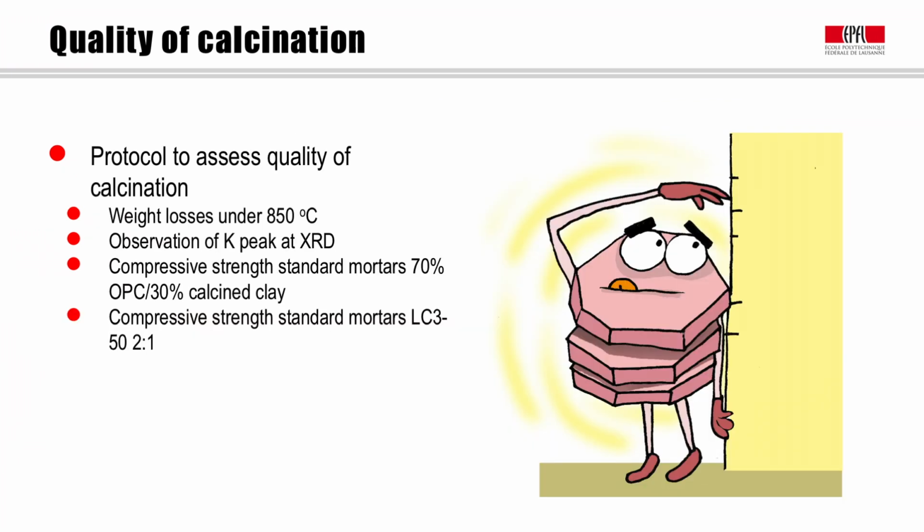So afterwards we need to assess how well the clay has been calcined, and we can do this in several ways. We can look at the weight loss under 850 degrees. We can also check on the kaolinite peak by X-ray diffraction. And of course, then we can do the compressive strength test, but this is rather time consuming.